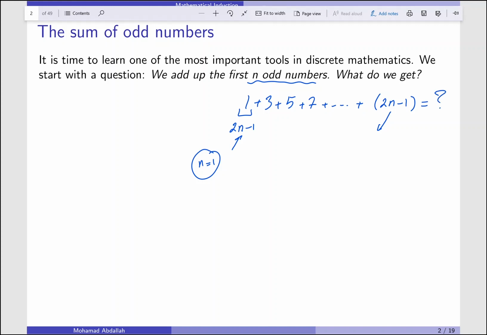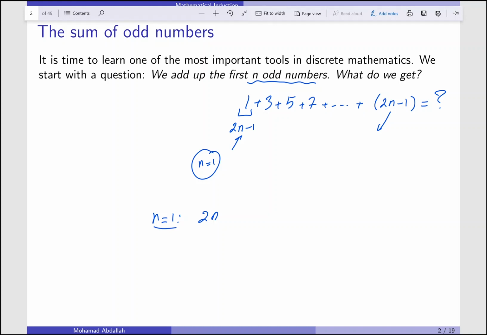Like, for example, look, when n is equal to 1, I get 2 times n minus 1. An odd number can be 2n minus 1 or 2n plus 1. You can write whatever you want. But for this, I'm going to have 2n minus 1 because I'm looking for the first n odd numbers. And if I start with 1, then 1 will be represented by 2n minus 1.